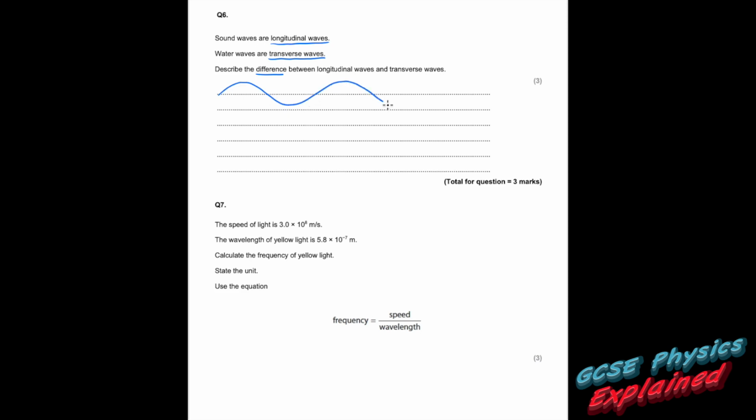Transverse waves go up and down, so their vibrations are at 90 degrees or perpendicular to the direction of travel, whereas longitudinal waves, the wave travels that way and the vibrations are also in the same way, backwards and forwards, so that's what we call parallel.